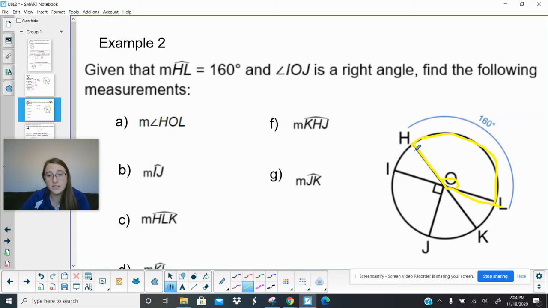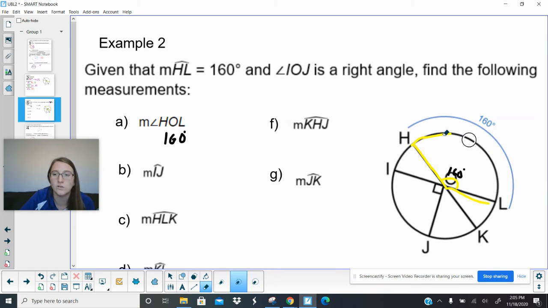So if this arc is 160 degrees, this angle is also 160 degrees. So we know right here at the center, that's going to be 160 degrees as well. Once again, this is only true for central angles. At the end of the video, we're going to learn a different type of angle, but central angles and their arcs are the same. So let's try the next one.